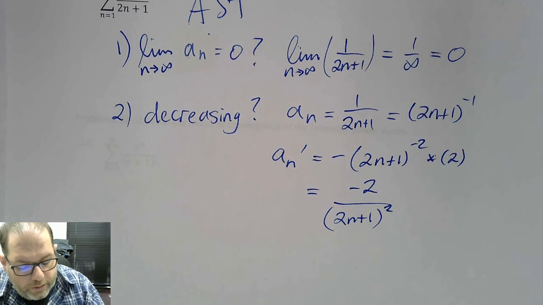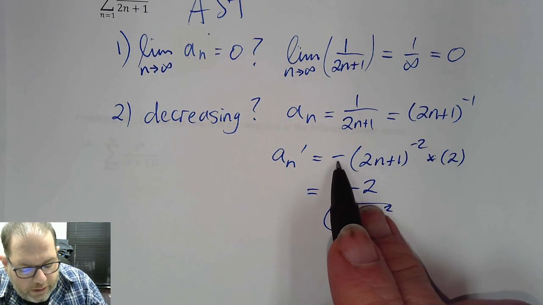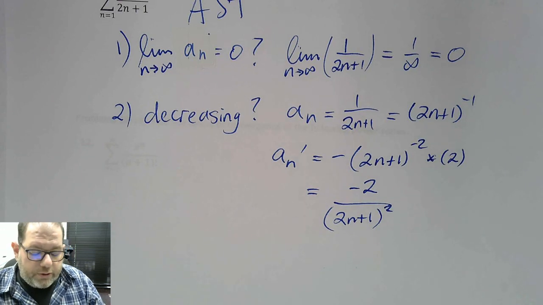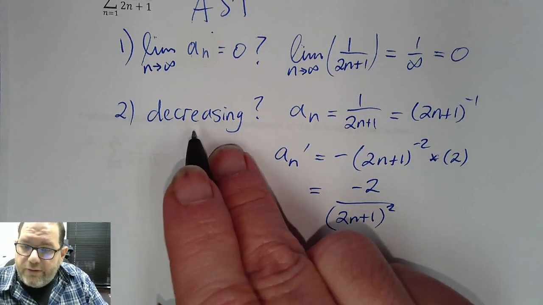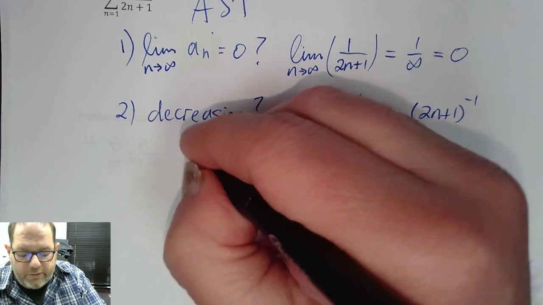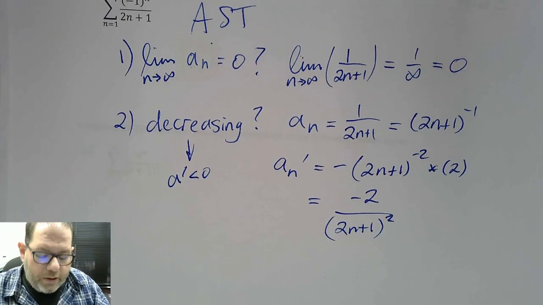I just took this term and moved it to the denominator. We have the negative and the 2 that are still in the numerator. Now, the question is, is this decreasing? Is this negative? Decreasing means a prime is less than 0. Okay.